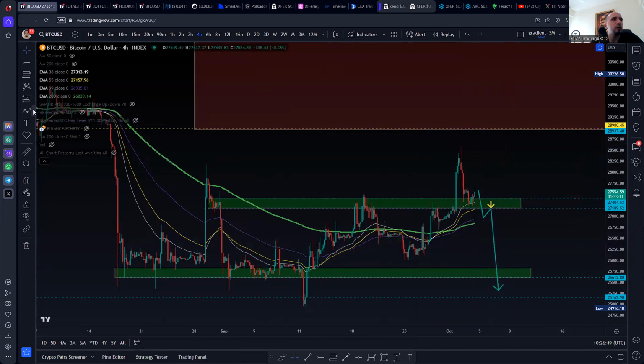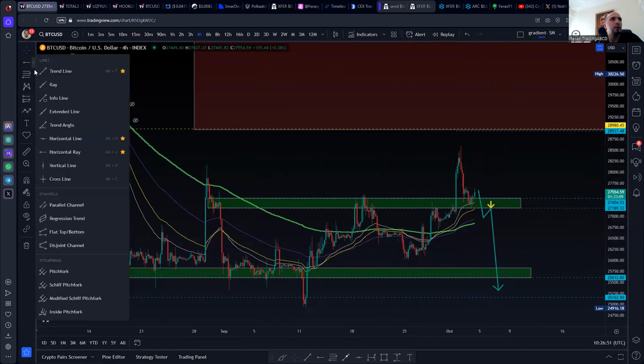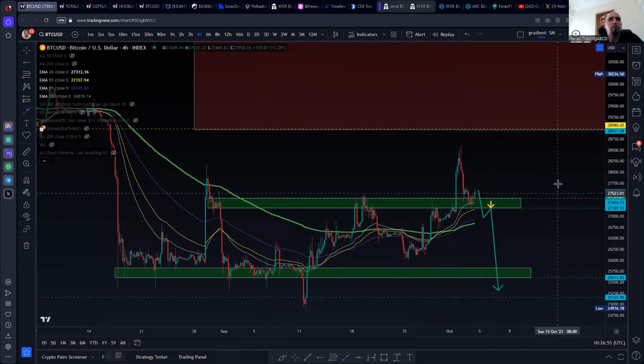What kind of setups are we looking for here? As we said, for Bitcoin, as long as I am holding above this block, above 27.2 till 27.4, bias is bullish, and we can push up to 28.5 till 29K. This is the local Bitcoin structure.